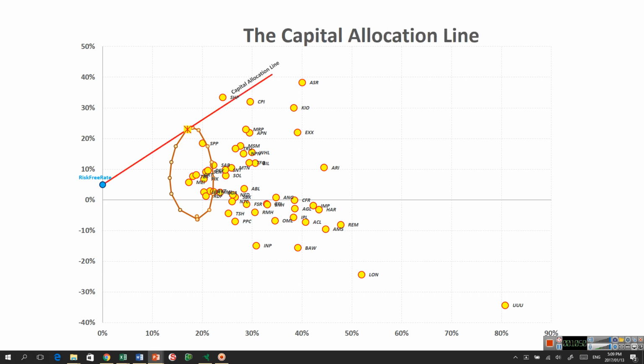And if we drop our tangent to this line here by optimizing the Sharpe ratio, which is this return against this risk, that's the maximum Sharpe ratio that we can put in here, given our constraints. We're going to get this particular portfolio, and we get our capital allocation line over here. So this is the kind of basis that the CAPM rests on.